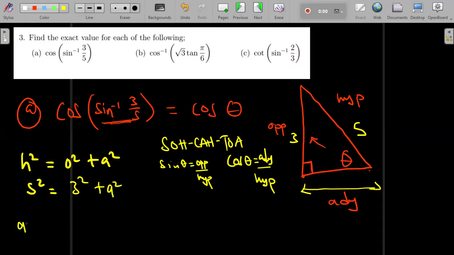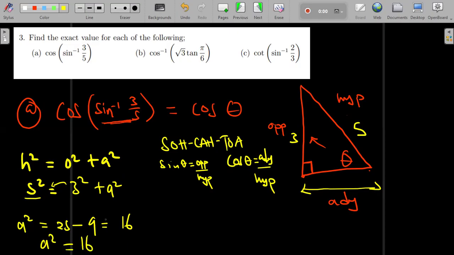So the adjacent squared will just be equal to 5 squared, which is 25, minus 3 squared, which is 9. So we are going to have 16. So we have a squared, which is the adjacent, being equal to 16.